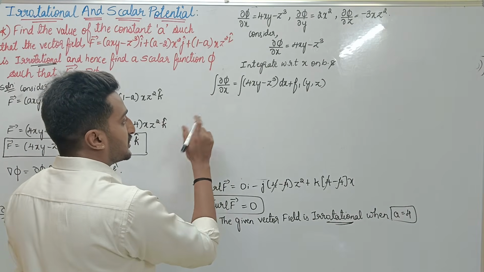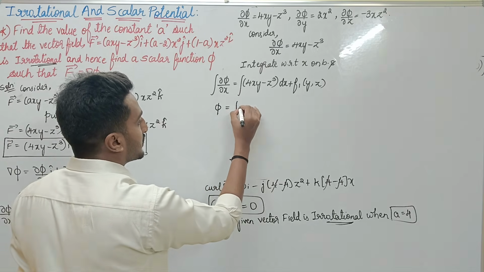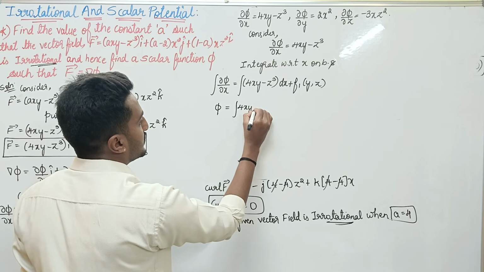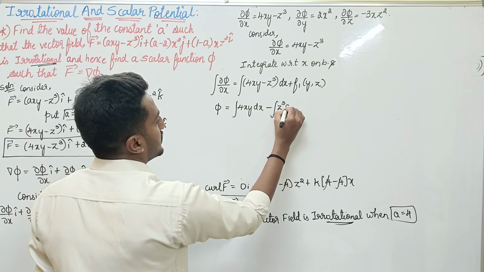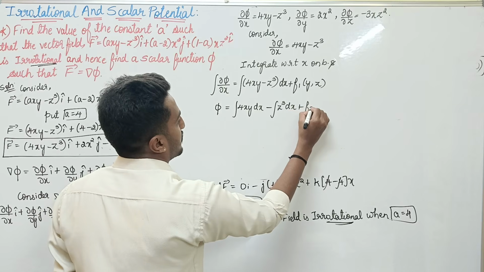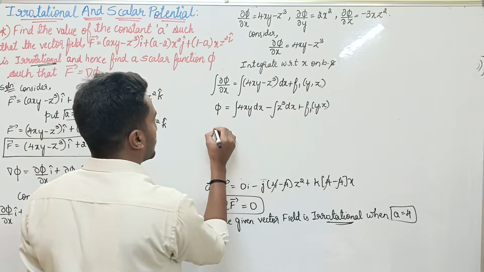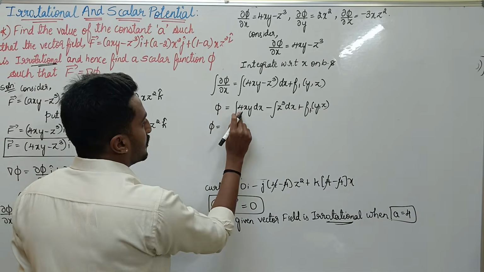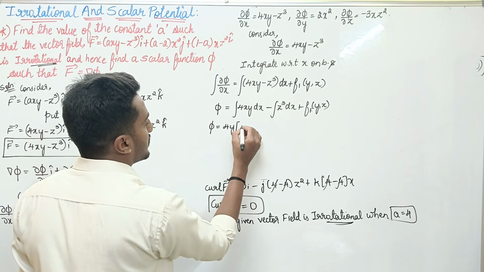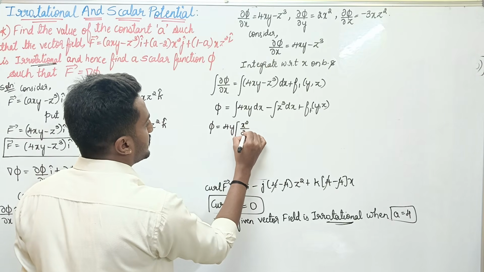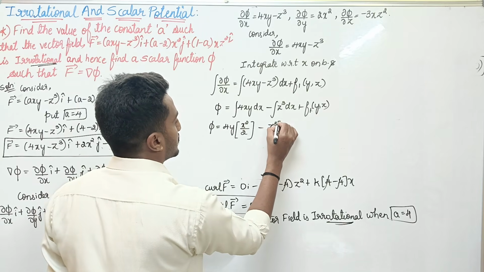See, differentiation and integration get cancelled. You get only the function phi. Now let us integrate term by term. Integral of 4xy dx minus integral of z cube dx plus f1 of y comma z. Now phi is equal to 4y remains constant. Integration of x gives x square by 2, minus z cube remains constant.